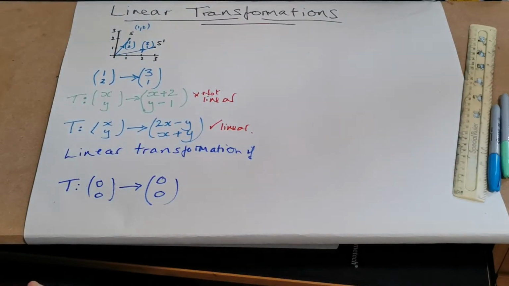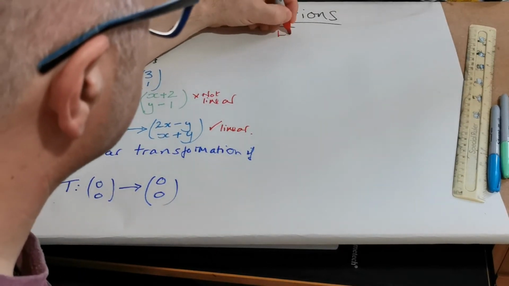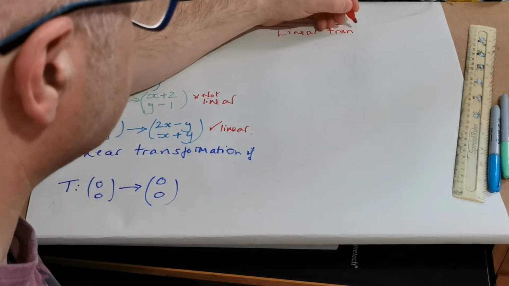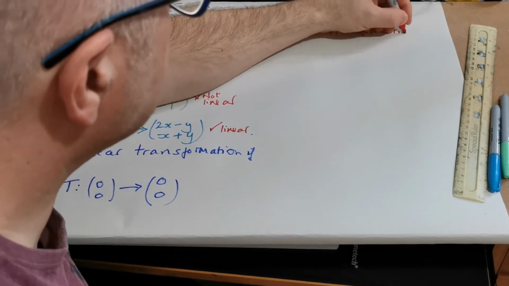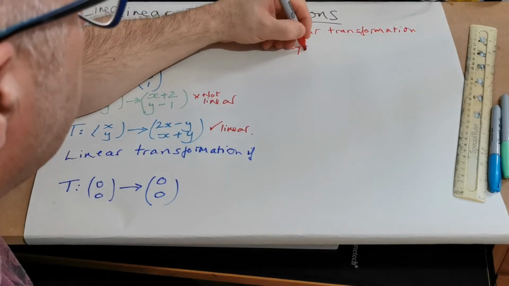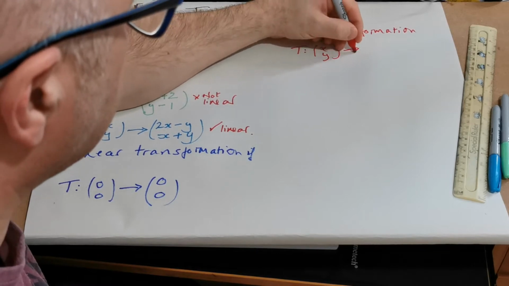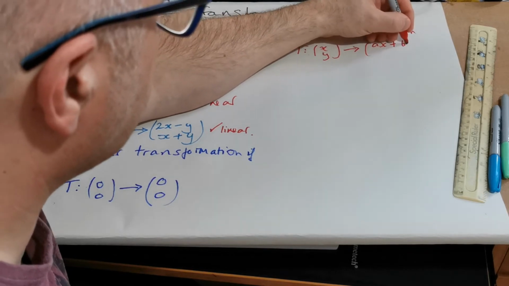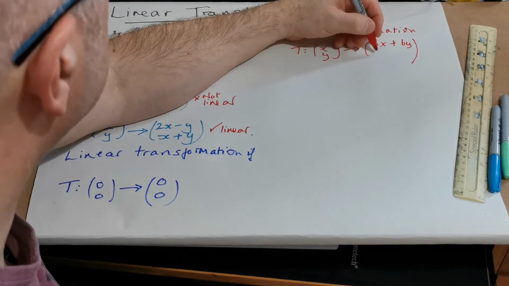Okay, and it turns out that a linear transformation can always take the form: a transformation of (x, y) where we have (ax plus by) over (cx plus dy).